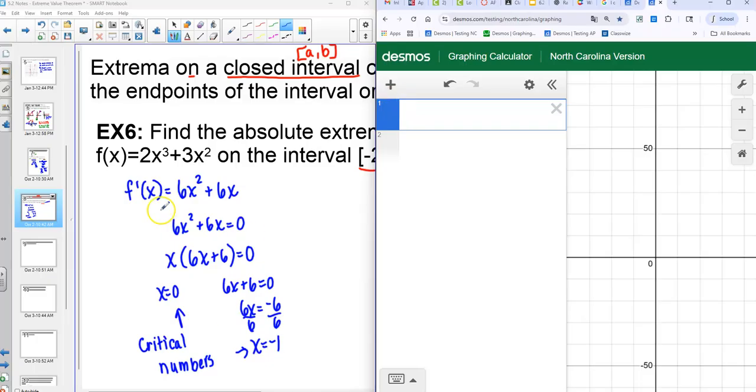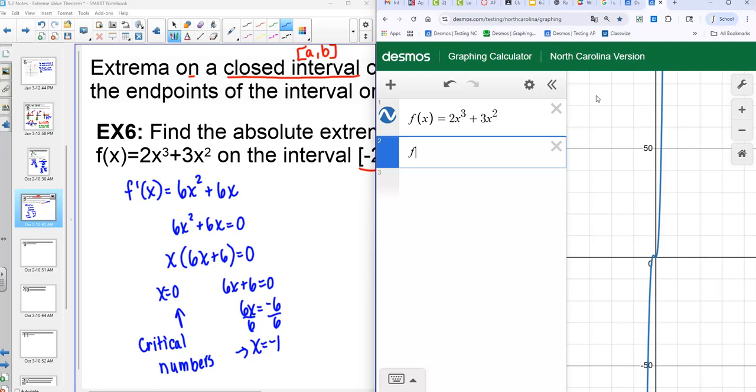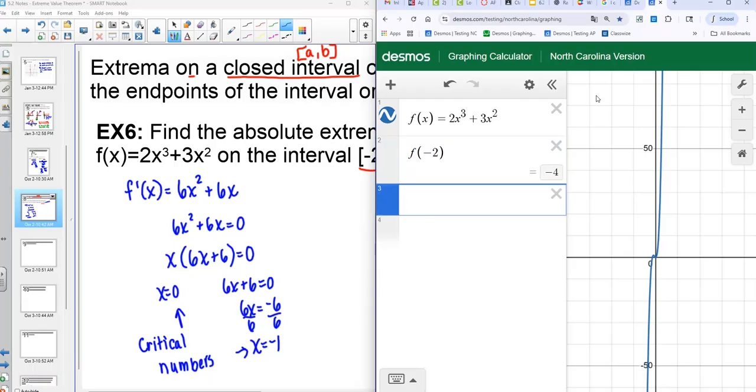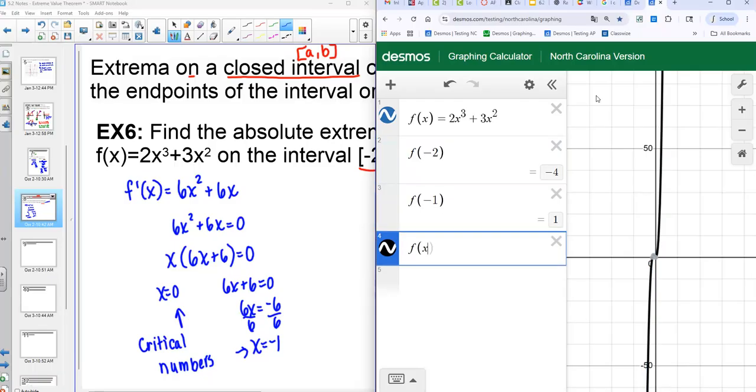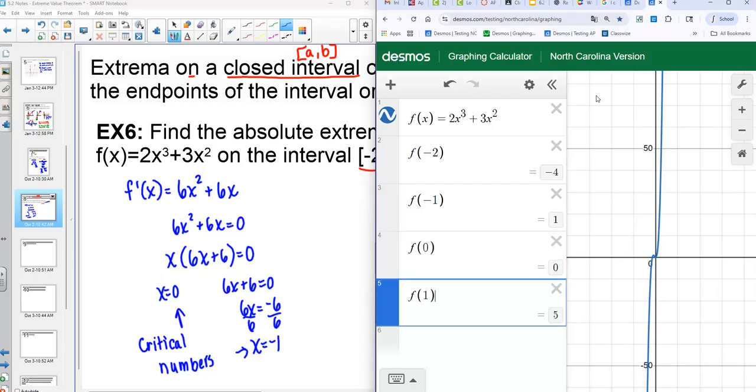So what I need to find is f of x equals 2x to the third plus 3x squared. I need to know what f of -2 is. I need to know what f of -1 is, f of 0, and f of 1. Now that happens to be all the integers there.